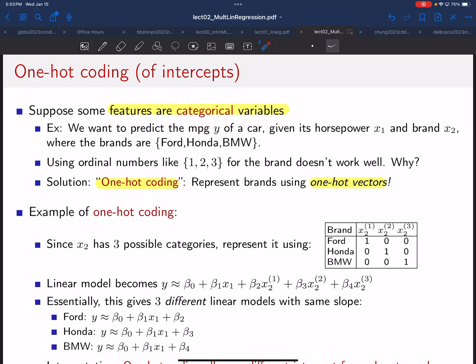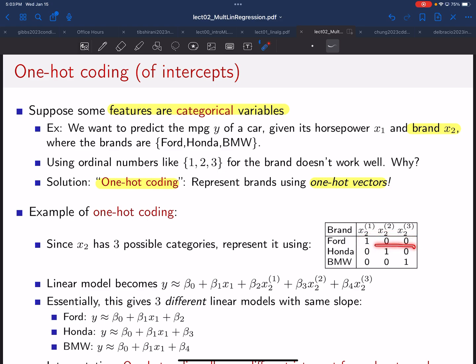We could expand this feature, which we would usually call, let's say, X2. X2 is the brand. We expand X2 into actually 3 variables, and I will denote them with superscripts, X2 1, 2, and 3. For any time we have a Ford sample, we will assign those 3 new features 1, 0, 0.